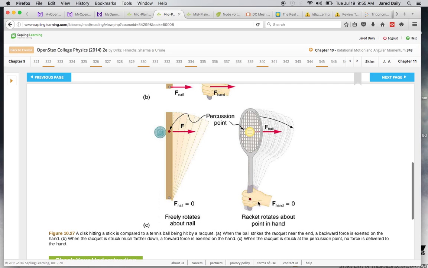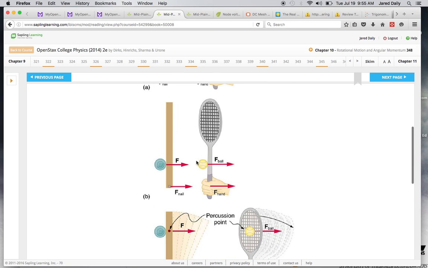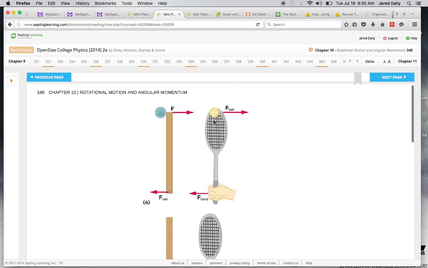So where you're holding it moves very little, but the end where you hit it is going to move a lot. And they're designed this way on purpose so that you don't get your hand jarred. If you hit the ball too close to the handle on a bat, or on the throat of the racket, then it pushes your hand back. It pushes the whole bat backwards. If you hit it too far on the end of it, your hand gets pushed forward, and so it pushes your hand around. It can really hurt your hand.